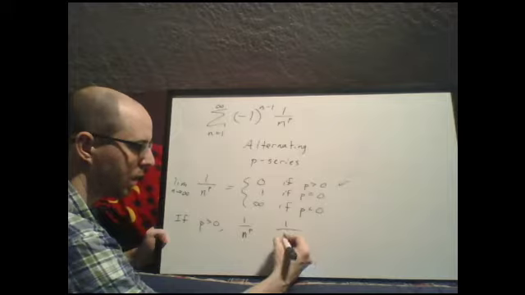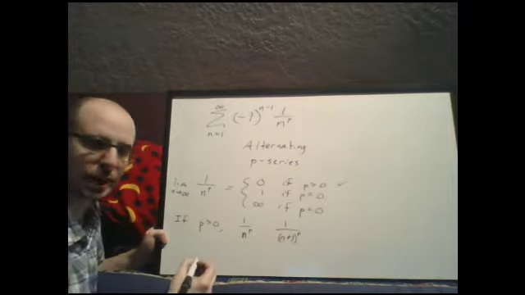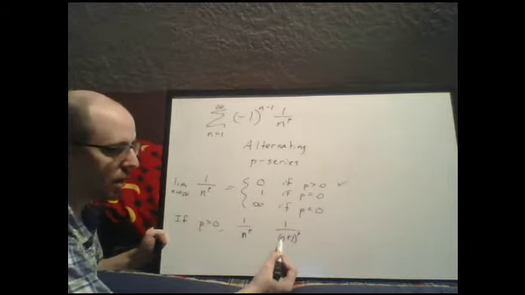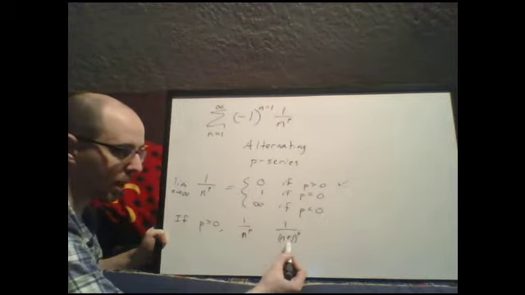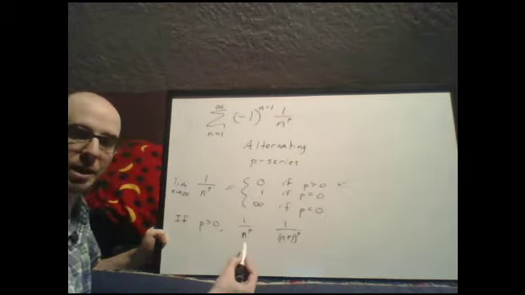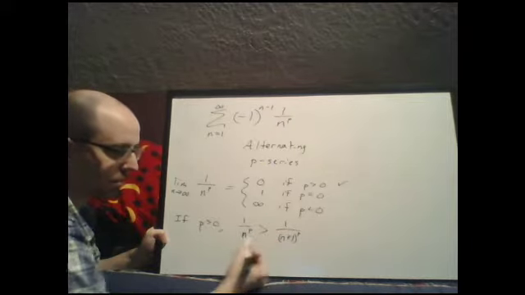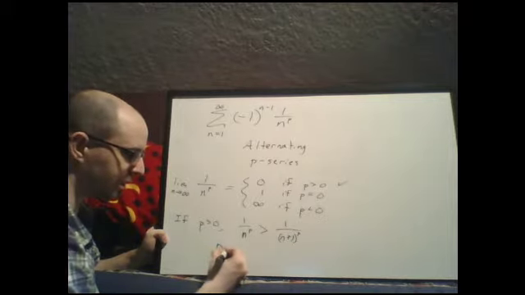Well, let's again compare two consecutive terms, 1 over n to the p and 1 over n plus 1 to the p. If p is positive, n plus 1 to the p is bigger than n to the p. So 1 over n to the p is the larger of the two fractions. So the sequence is decreasing.